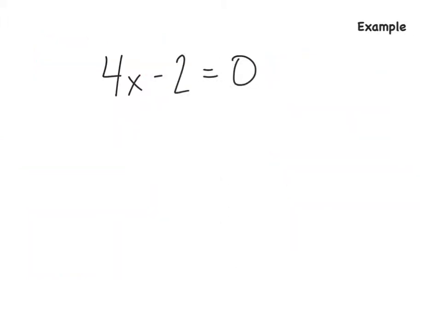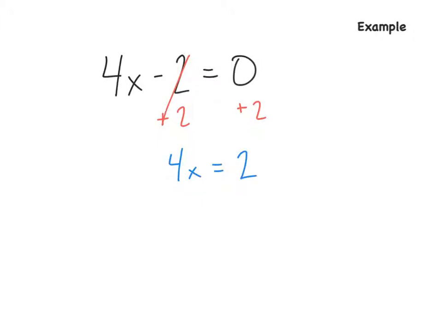I have one more that I want you to try, so pause the video again, try this one, solve for x, unpause the video when you're ready to see what I've done. Alright, so if we have 4x minus 2 is equal to 0, we want to move this -2 over to the right. To do that, we take the opposite of -2, which is +2, add 2 to both sides. All we have left on the left side is 4x, and the right side is 2.